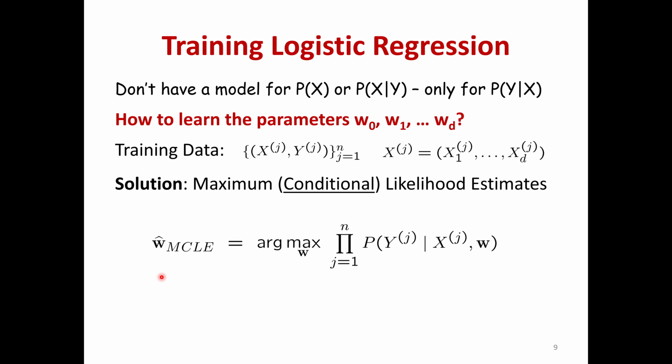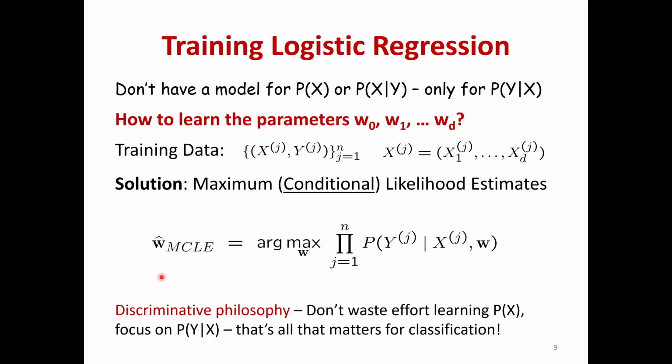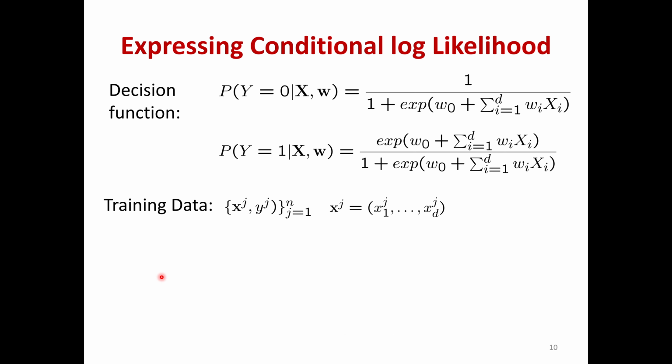The solution is to use a maximum conditional likelihood estimate instead of a maximum likelihood estimate. That is, we want to find that w that maximizes the probability of y given x. So we need to calculate the conditional likelihood function, and then we need to maximize that in parameter w.